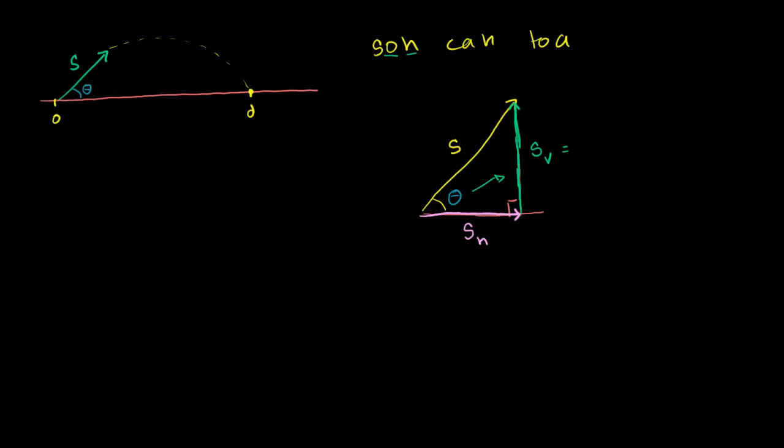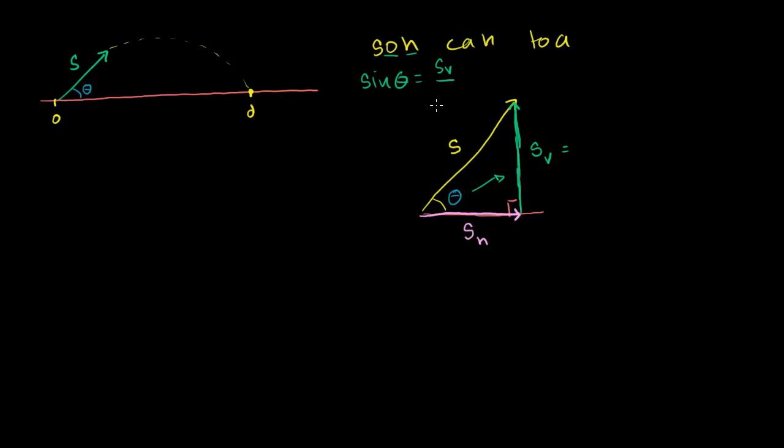And the sine function tells us that sine of theta, actually let me do this in green, since we're doing all the vertical stuff in green, sine of theta is going to be equal to opposite, which is the magnitude of our vertical velocity, so the opposite side is this side right here, over our hypotenuse.